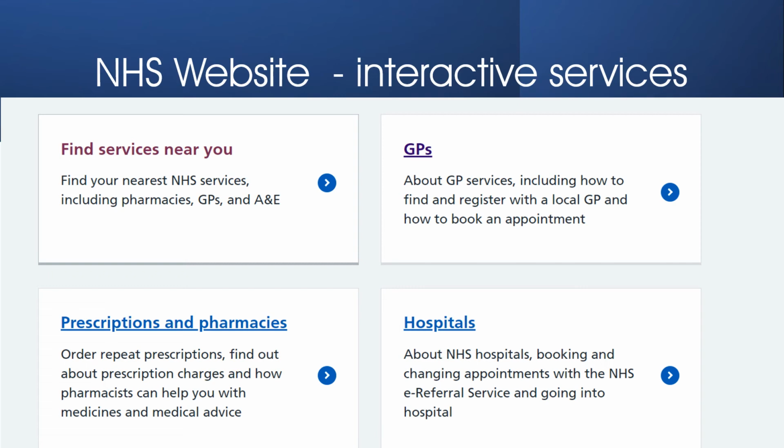There's also another really excellent service which is based around NHS hospital bookings and changing appointments. You can use the NHS e-referral service to manage your hospital appointments and also to change the hospital that you would like to have your procedure at.